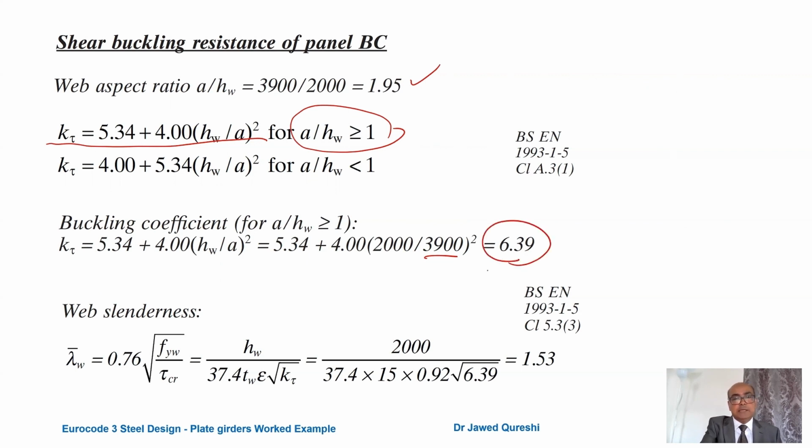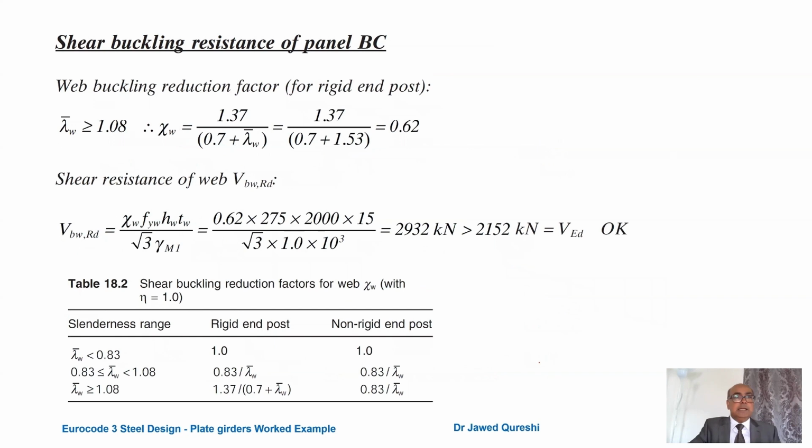Once we have the value of K tau, we'll put it back into this equation for lambda dash W, and everything is the same, only K tau is different. We get lambda dash W as 1.53. Now again, we will go back here. 1.53 is greater than 1.08, and here we have assumed a rigid end post.